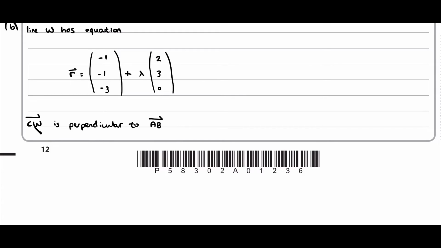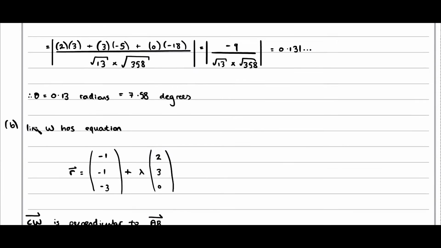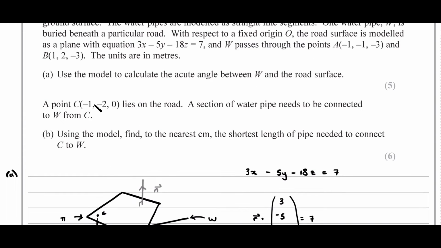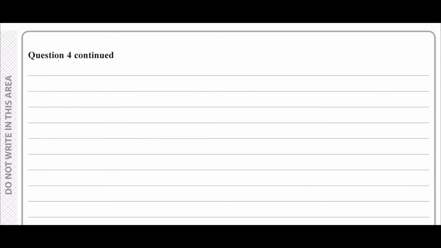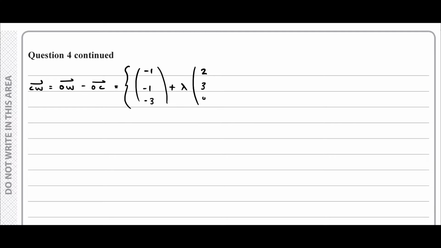So we can first of all find the vector CW. We know the coordinates of C. That was given to us as -1, -2, 0. So therefore, CW is equal to OW minus OC. So we have OW, which is given by -1, -1, -3, plus lambda, lots of 2, 3, 0.